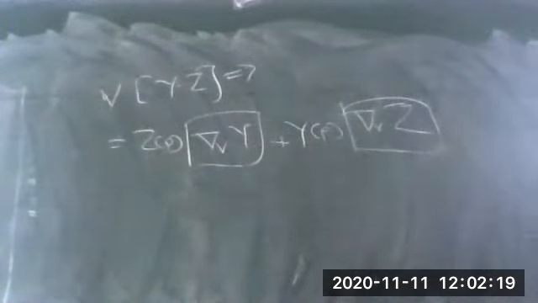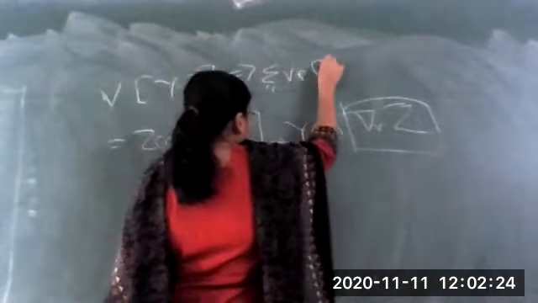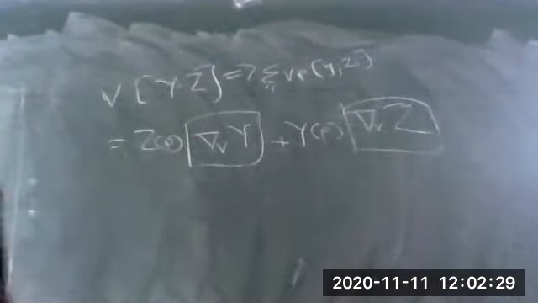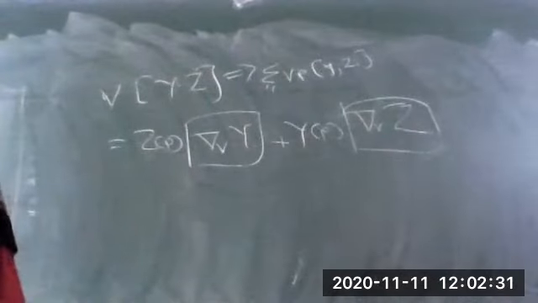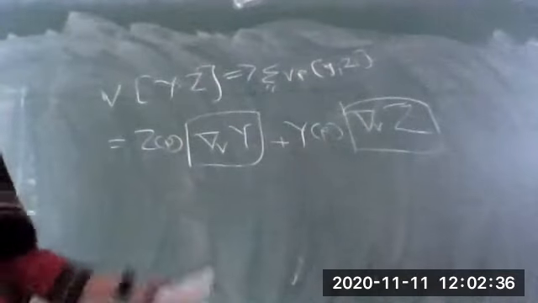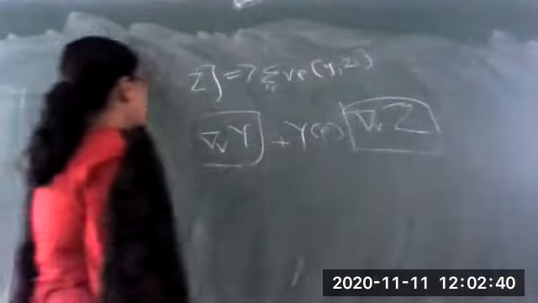So this is nothing but summation over i of V_p y_i z_i. y_i and z_i are nothing but the real valued functions. So you have to evaluate this and get the answer, and even after solving this you have to go for the properties of the covariant derivative of a vector field with respect to a vector field.